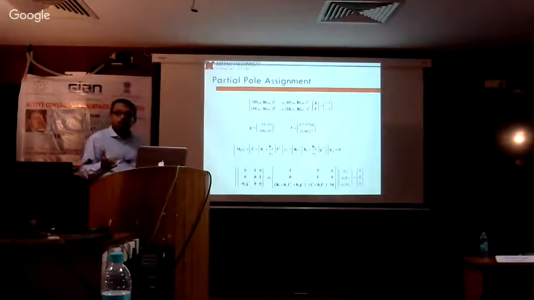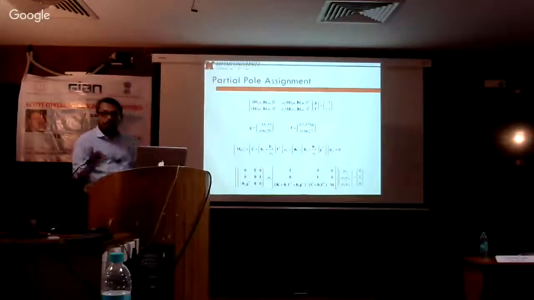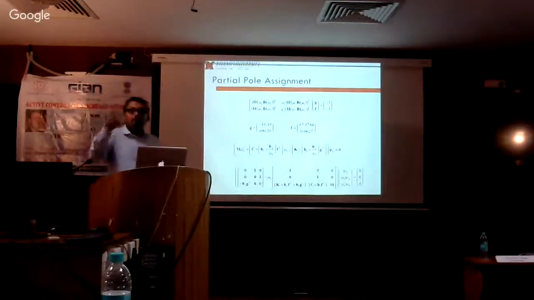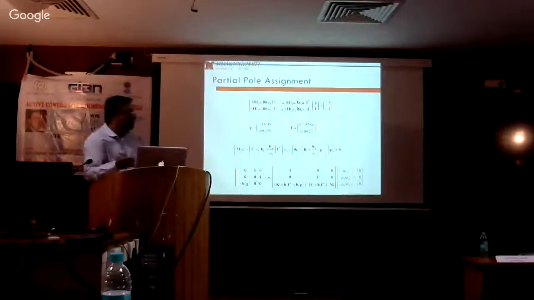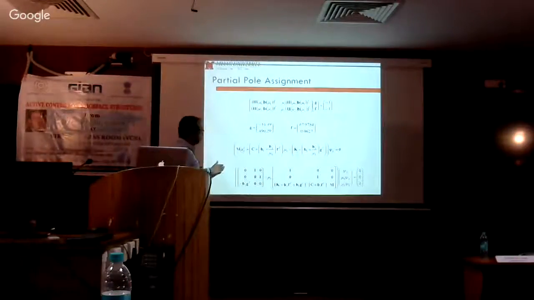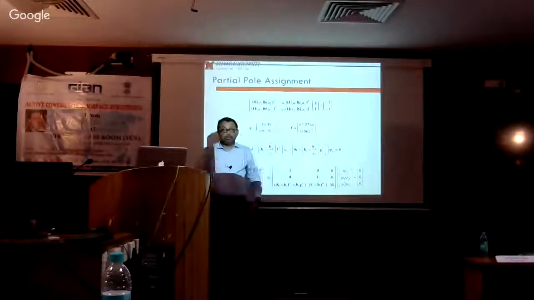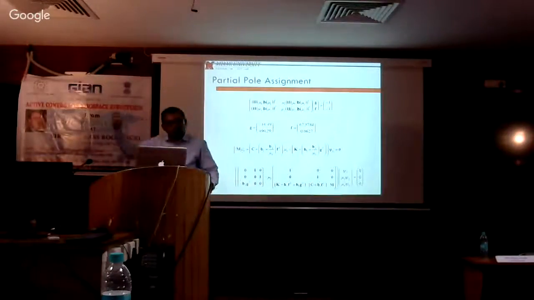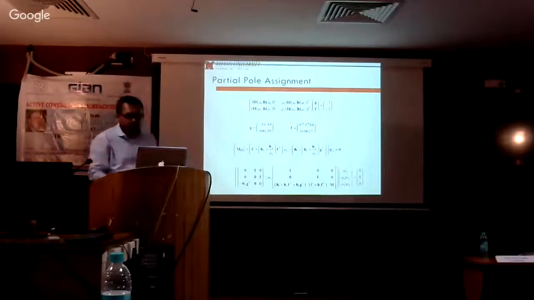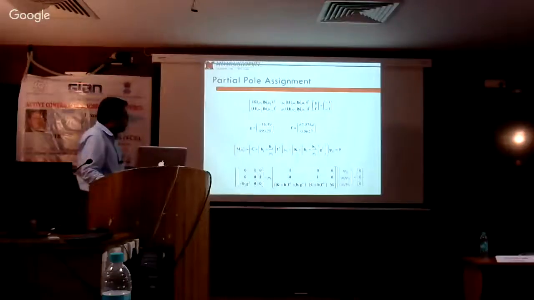Because this controller, the distribution vector, is a function of S, it has its own dynamics. If you want to calculate the control gain, there will be one additional pole which is coming from B1 plus B2 by S.